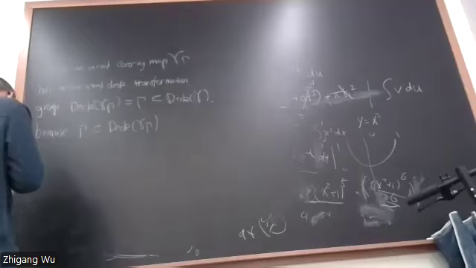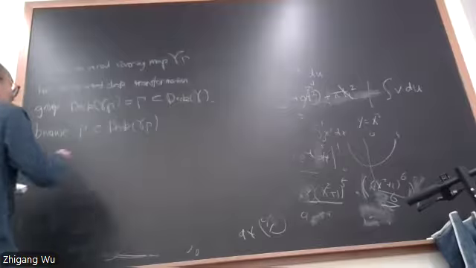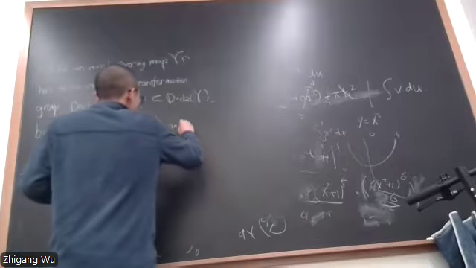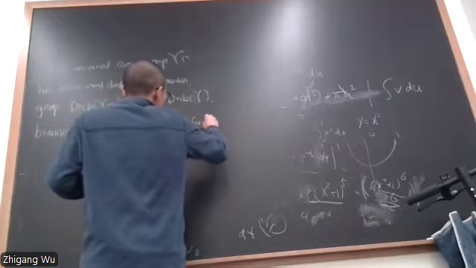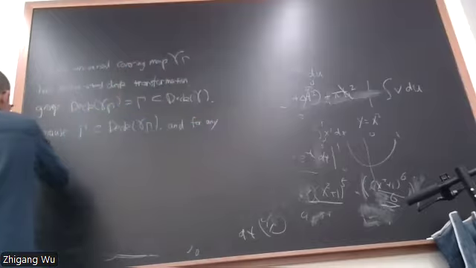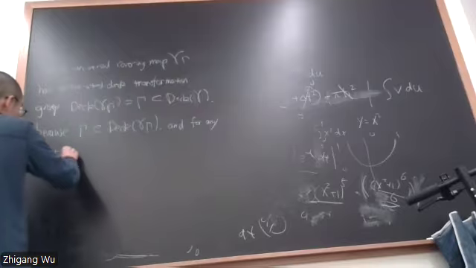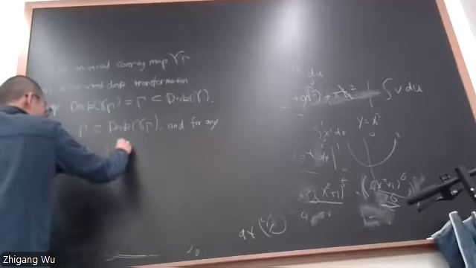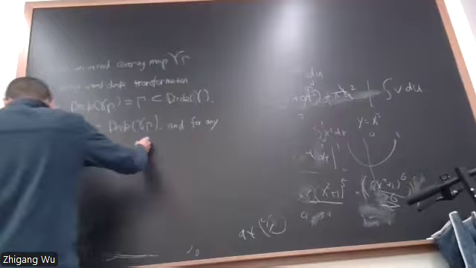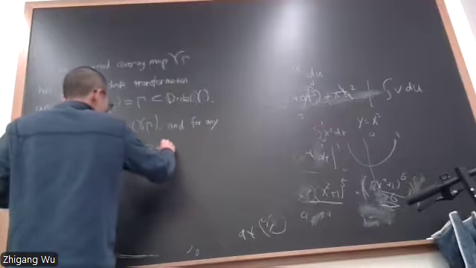And for any point z in C, gamma acting on z is equal to z plus mZ.